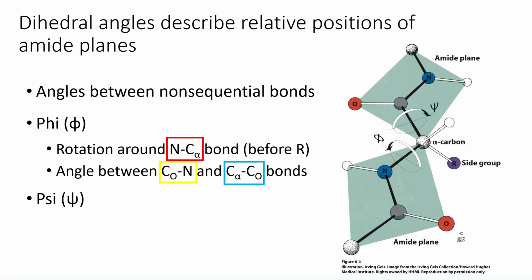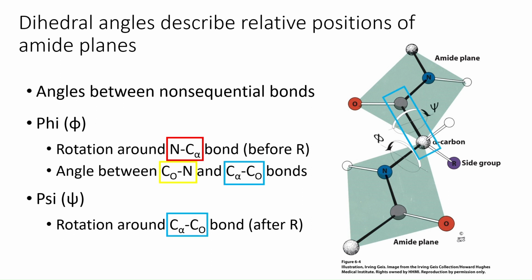The other type of dihedral angle is the psi angle. That's drawn by this Greek letter. The psi refers to the rotation around the alpha carbon and carbonyl carbon bond, so the bond right after the R group. Just so you know what I mean, the R group is shown right here. That alpha carbon to carbonyl carbon bond is shown in blue, and you're looking for the bonds right before and right after it to define psi.